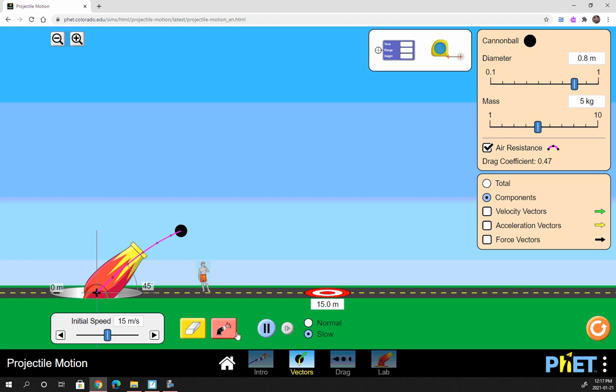Air resistance now. Okay. Now I'm going to take off the air resistance, launch it again. There we go. See, the path is different. It's not that perfectly symmetrical parabola.